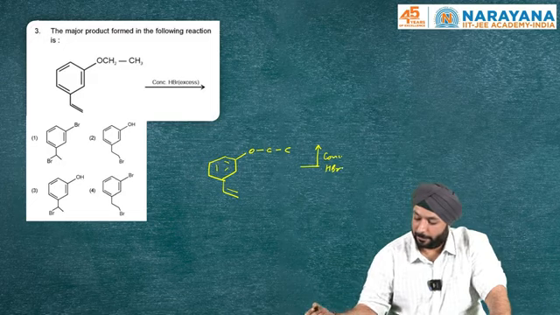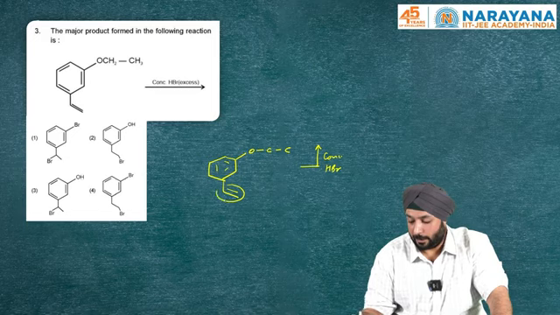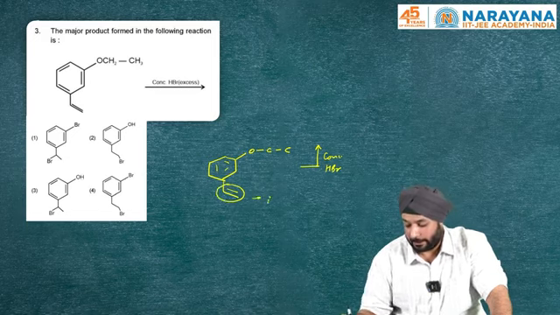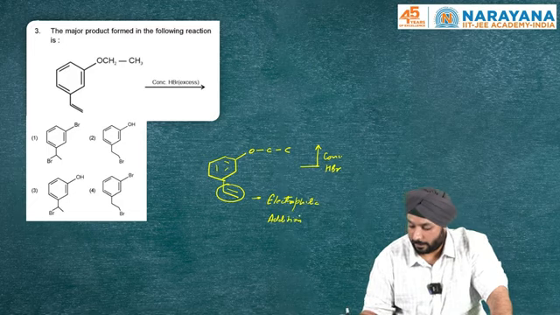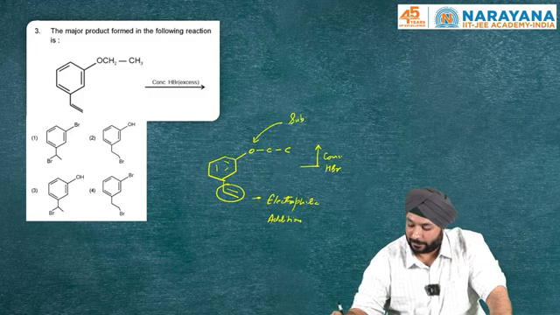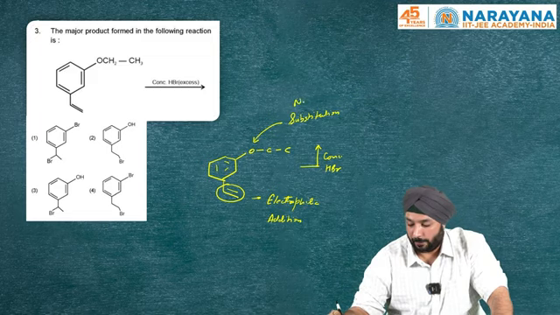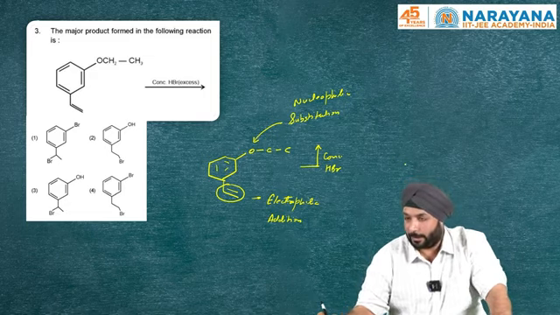Concentrated HBr. Now we know that double bonds will undergo electrophilic addition reactions, and here we'll have a nucleophilic substitution reaction.